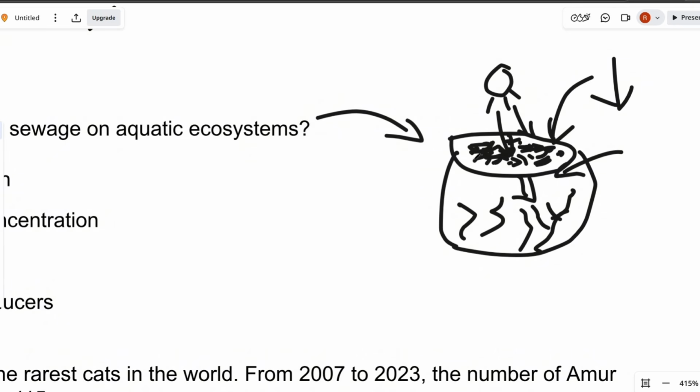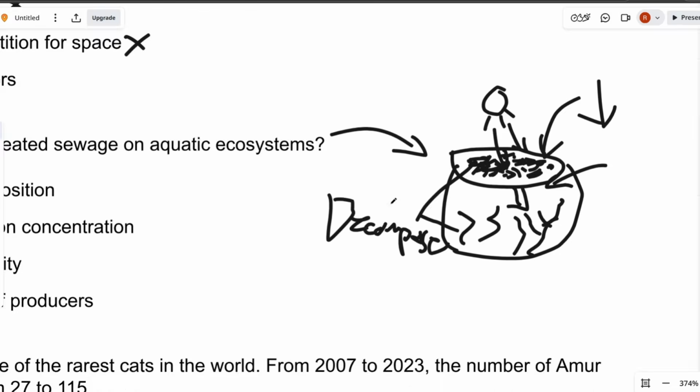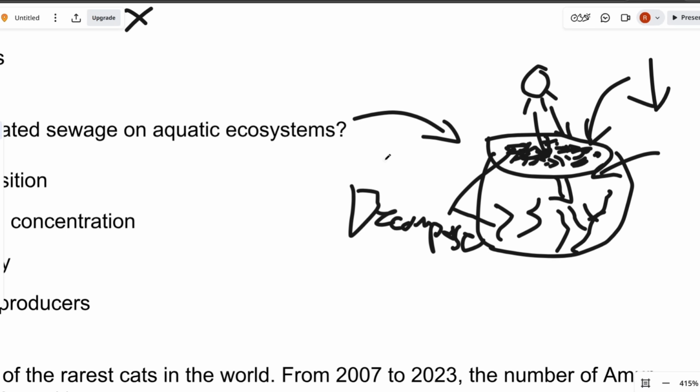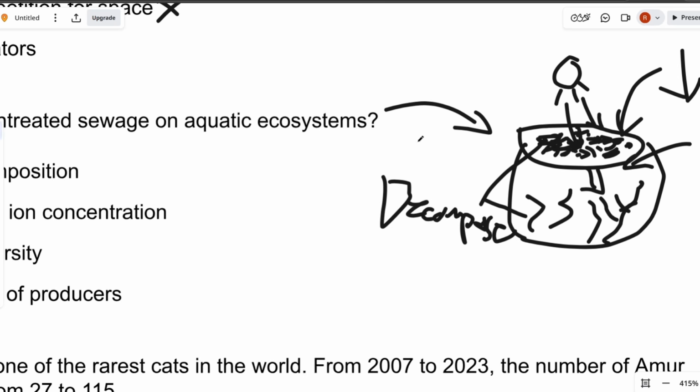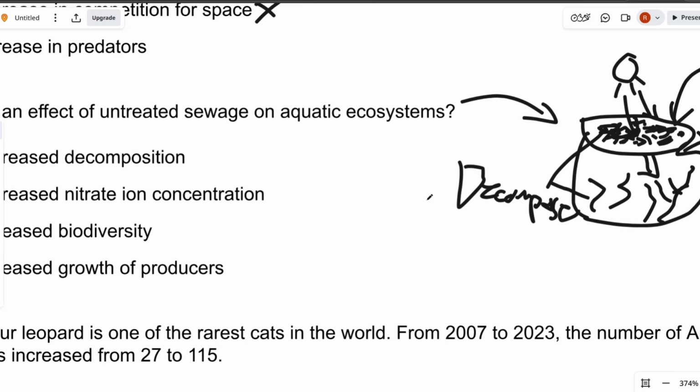And once they die, alongside the plants that died down here, a lot of decomposers will actually go ahead and decompose them. And in order to decompose them, they are growing and they're using energy, and so they need to produce their energy from the process of respiration. And the process of respiration consumes a very large amount of oxygen because of their sheer number in the lake. And the concentration of oxygen will actually drop, and the water will be completely dead.